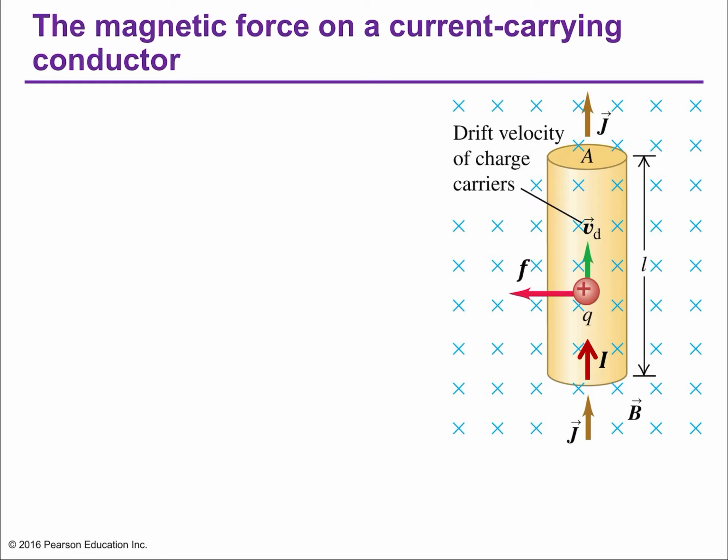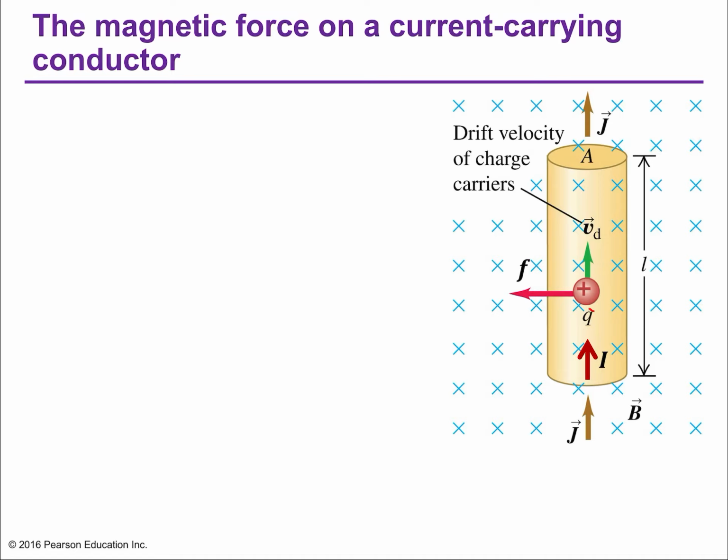Next, let's take a look at the magnetic force that is exerted on a current-carrying conductor. So here in the diagram we have a conductor of length L and cross-sectional area A. Current I is passing through the conductor, and you know that current is a result of the motion of charge carriers.